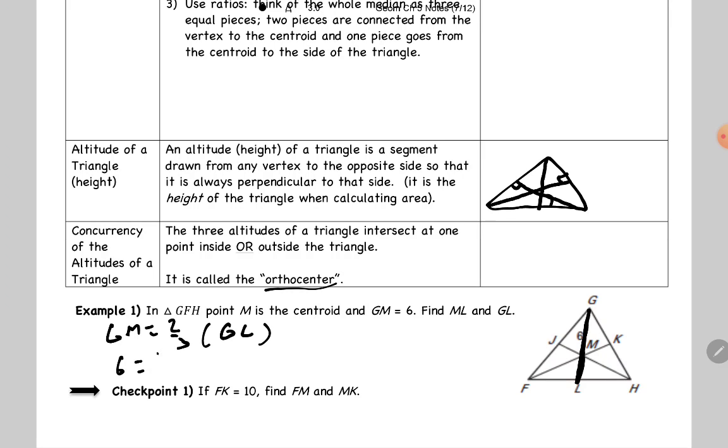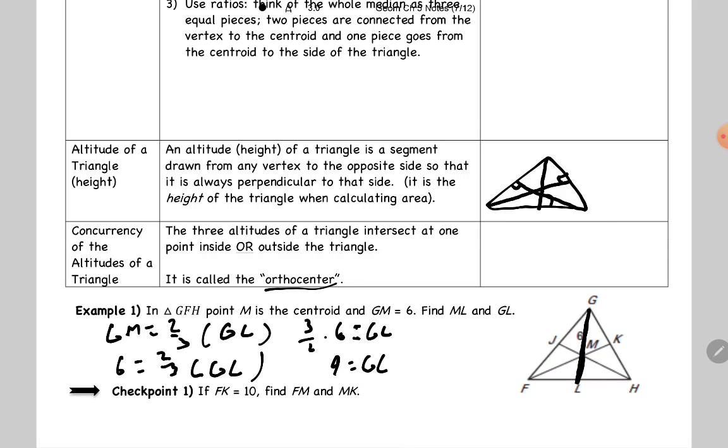So I have 6 equals 2/3 GL. We multiply by the reciprocal, so 3/2 times 6. I flip the fraction and multiply, and I get 18 divided by 2, which is 9.